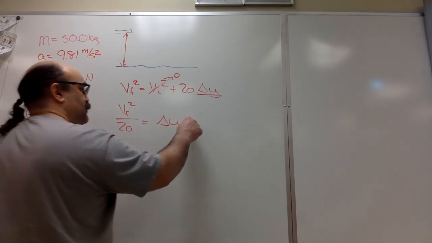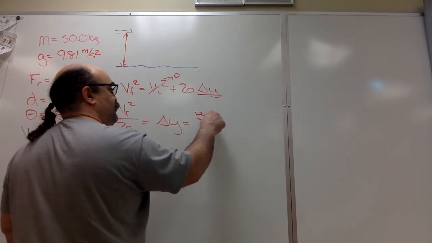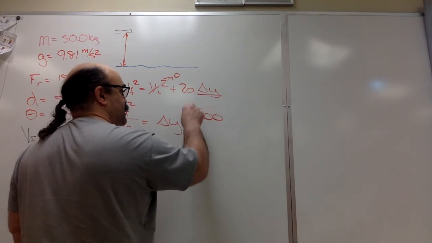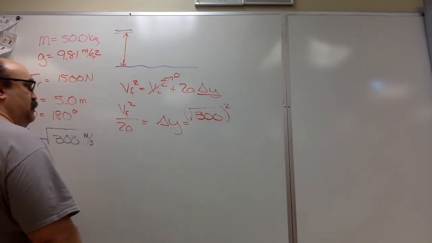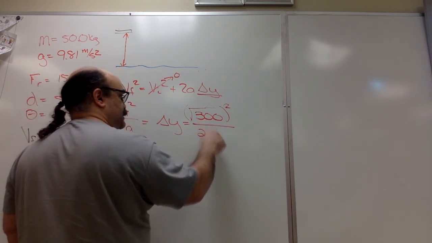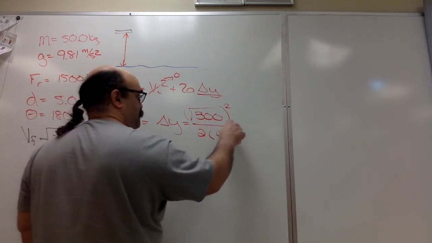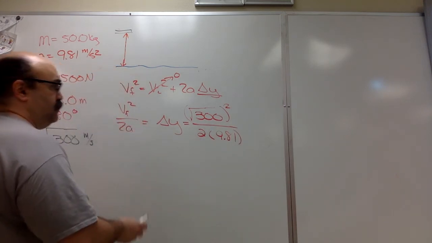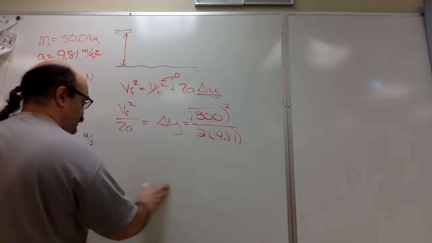So if we do that, we have root 300 squared divided by 2 times 9.81, all must equal this delta y.